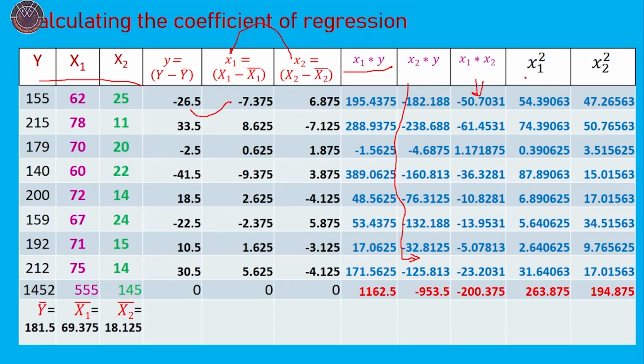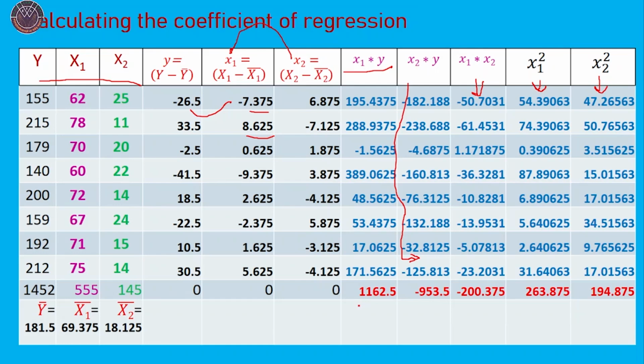Then we get x1 square by simply squaring these terms, and similarly x2 square.